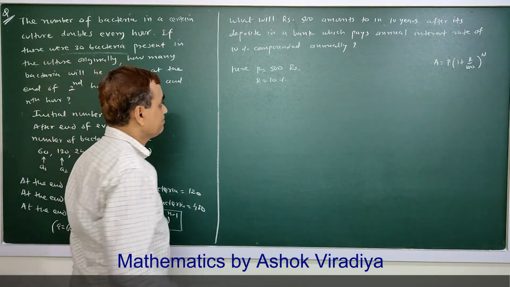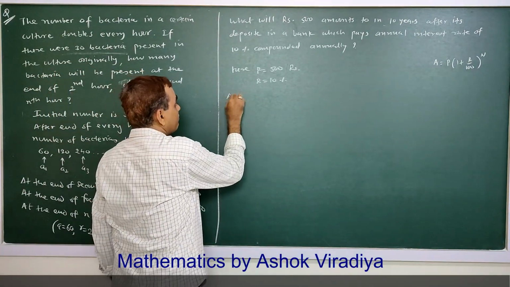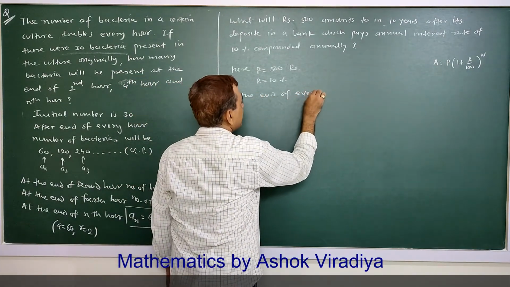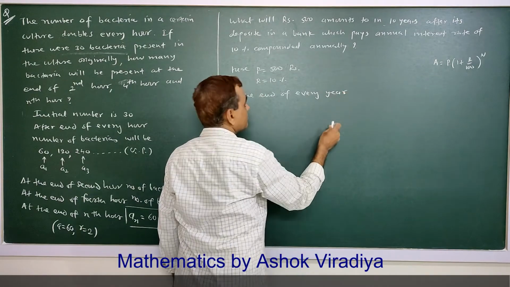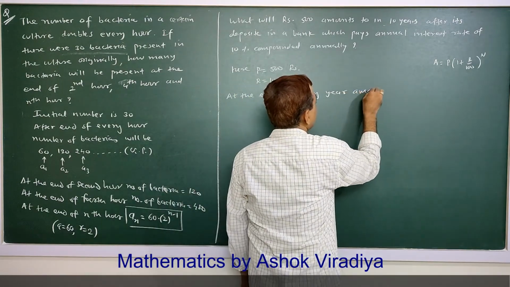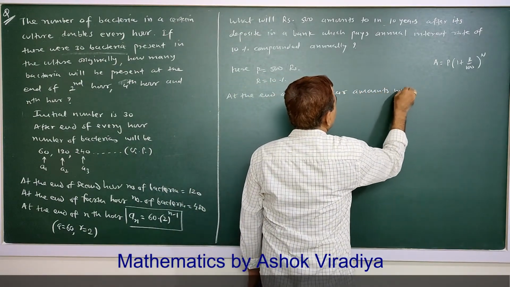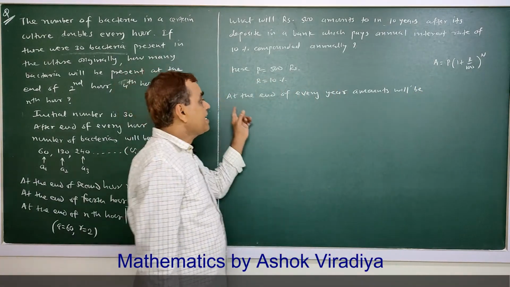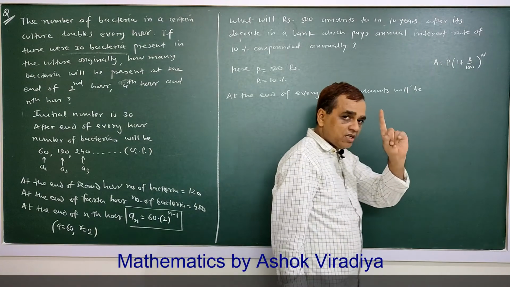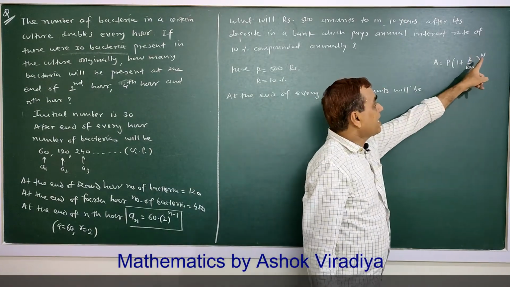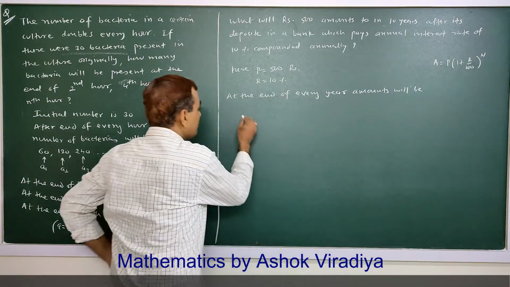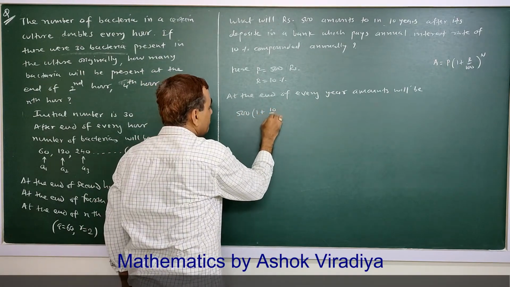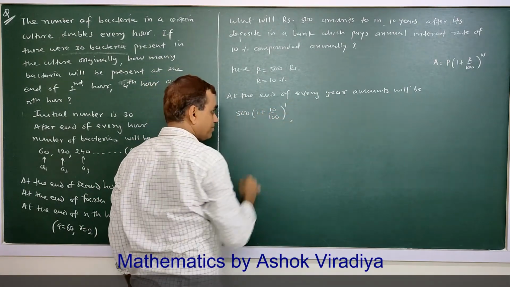So at the end of every year, the amounts will be: at the end of first year, put n equal to 1. So amount will be 500 into 1 plus 10 upon 100 raised to 1.